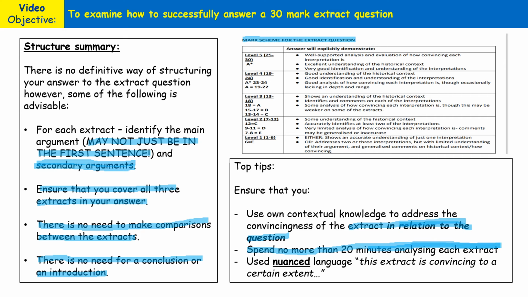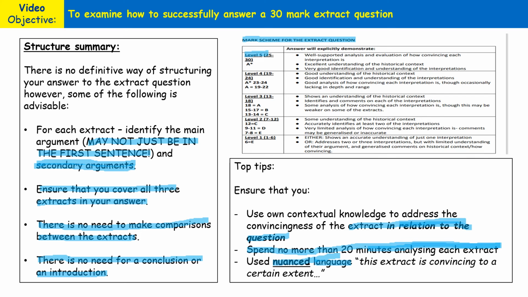And really importantly, to gain this top level 5 mark for the extract question, between 25 and 30 marks, you need to make sure that you use really nuanced language throughout. For example, don't just say that extract B is not convincing or extract C is completely convincing. You want to use more nuanced, more subtle language in your answer.